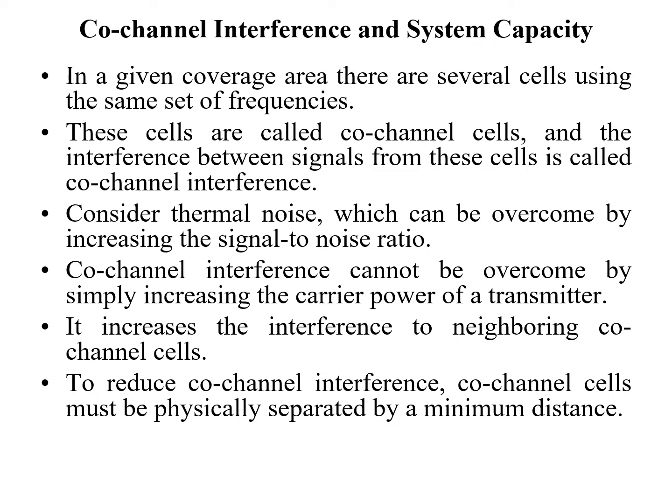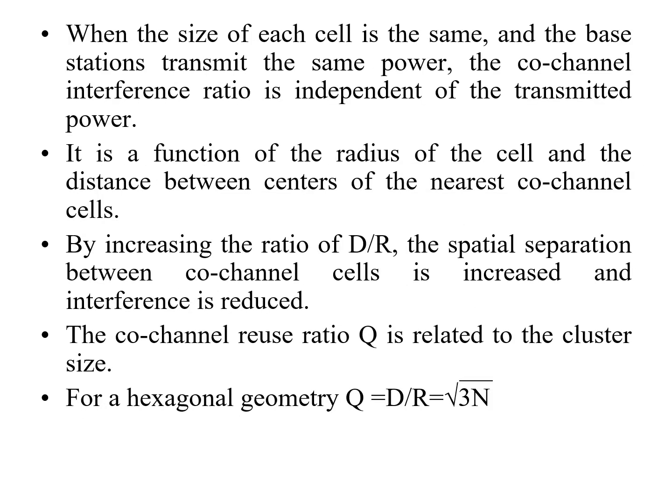To reduce co-channel interference, co-channel cells must be physically separated by a minimum distance. When the size of every cell is the same and the base stations transmit the same power, the co-channel interference ratio is independent of the transmitted power. It is a function of the radius of the cell R and the distance D between the centers of the nearest co-channel cells.